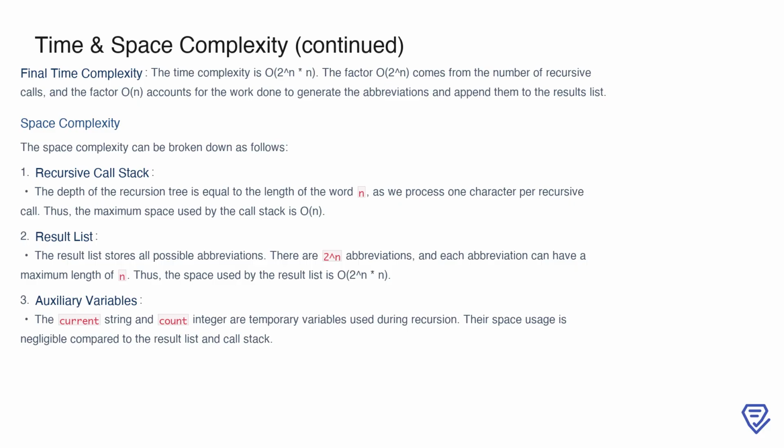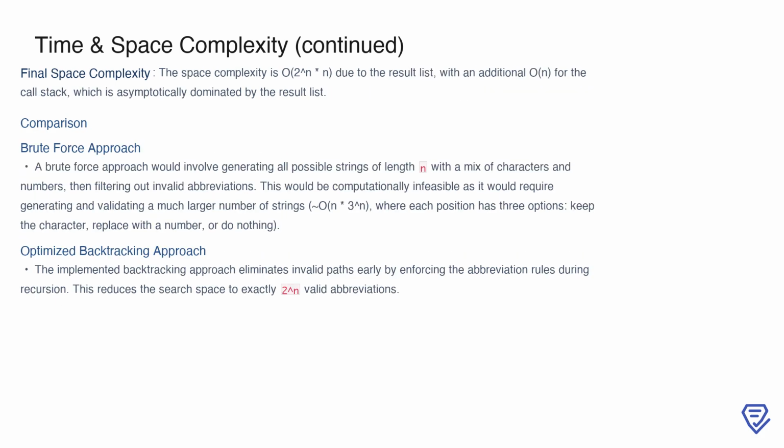Lastly, we use a few auxiliary variables, such as the current string and a counter, but their space usage is negligible compared to the call stack and result list. When we combine these considerations, the overall space complexity is 2 to the power of n asterisk n, with the result list dominating the recursive call stack's n contribution.